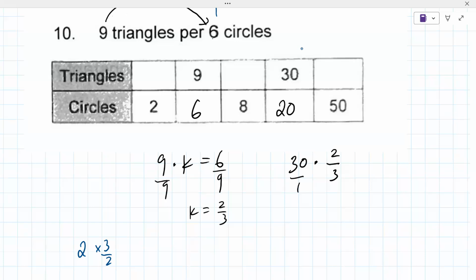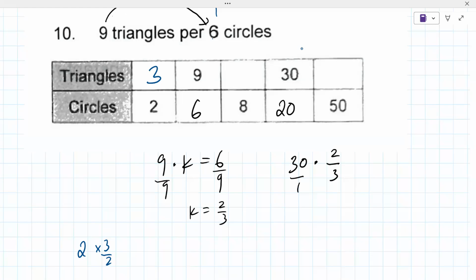3. Okay. 8 times 3/2. 10. Try again. You want to multiply by the top number and then divide by the 2.